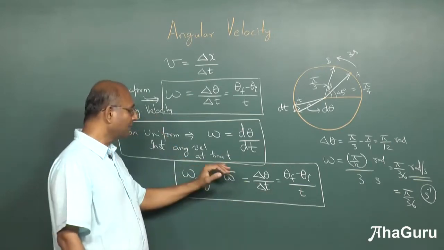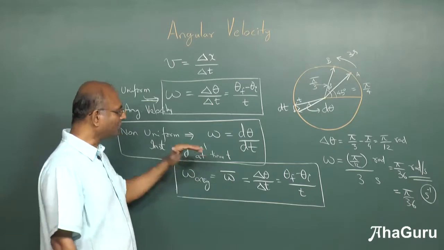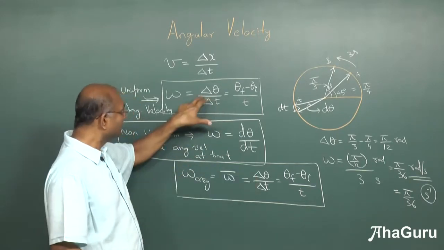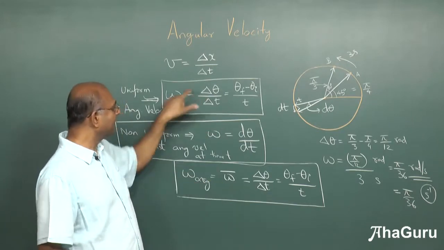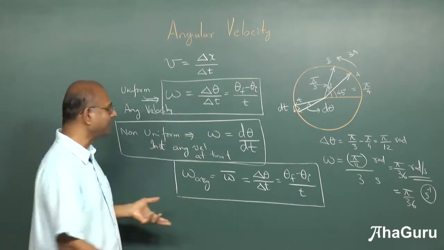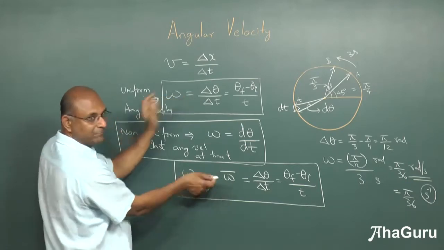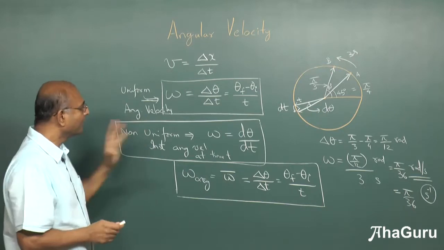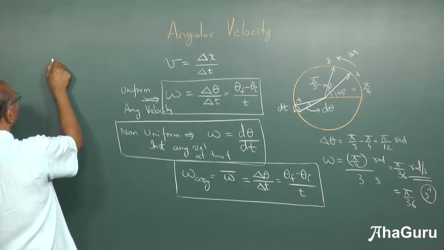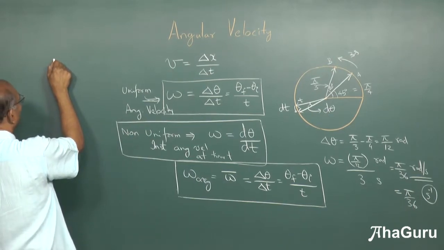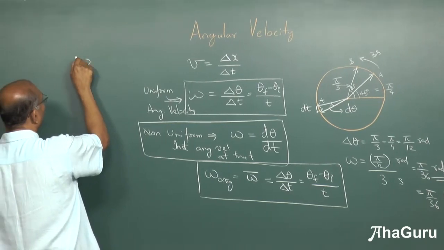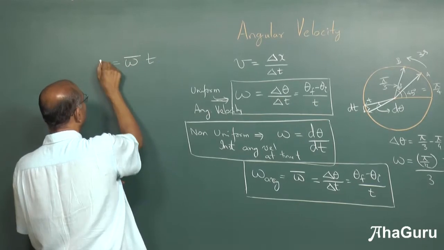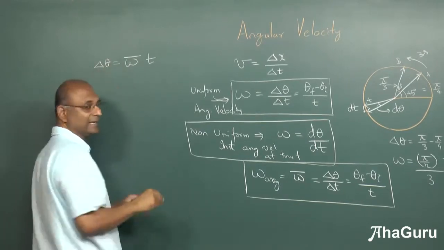In case the omega was uniform, whether you're talking about average or you're talking about omega, it is the same. So therefore, for uniform, we can also write this as the definition for the omega. So we can basically say that this and this are the same if it is uniform, because then this basically becomes equal to omega. Okay, let us rewrite this, because the way we will think of it is we can always write average omega into time, the time interval, is delta theta.